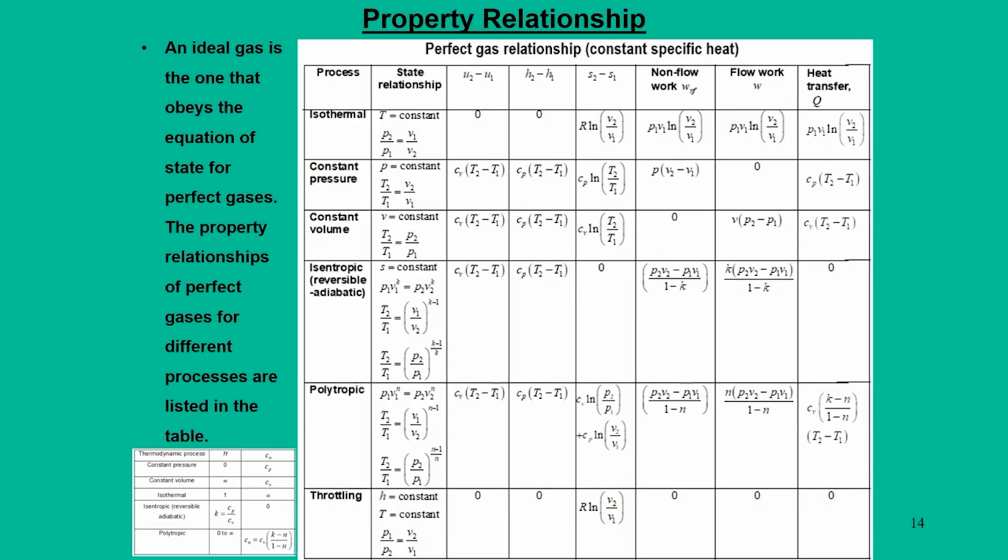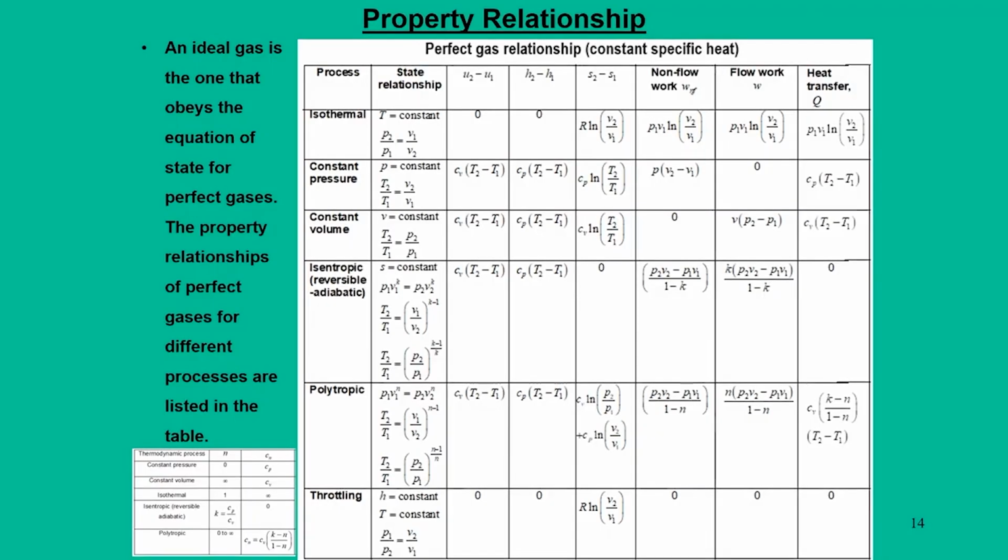Now, in previous courses of thermodynamics, we might have known different processes. We are not going deep into all those things. Rather, I will try to emphasize the different thermodynamic processes, and this table is the summary sheet for them: isothermal, constant pressure, constant volume, reversible adiabatic, polytropic, and throttling, which are commonly used in all kinds of thermodynamic devices.